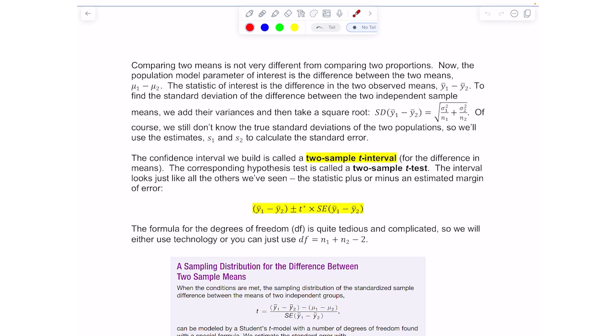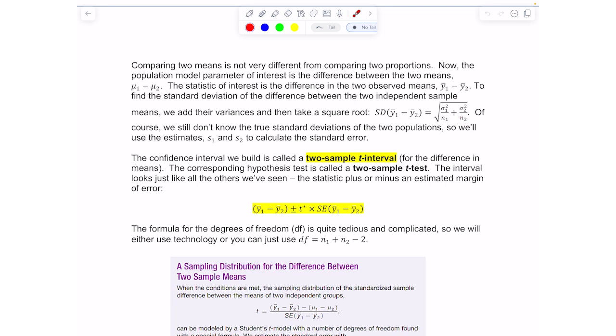We're going to have to tweak our formula slightly since we're dealing with two samples. So to find the standard deviation of the difference between the two independent sample means, we of course add the variances and then take the square root. So we're going to be looking at sigma squared of your first set of data over the sample size for your first set of data, plus sigma squared for your second data set divided by the sample size of your second data set.